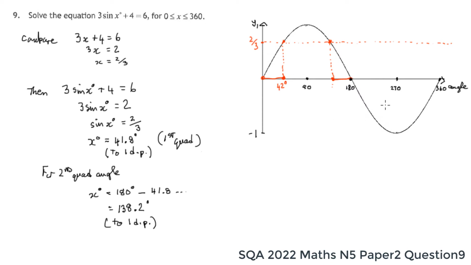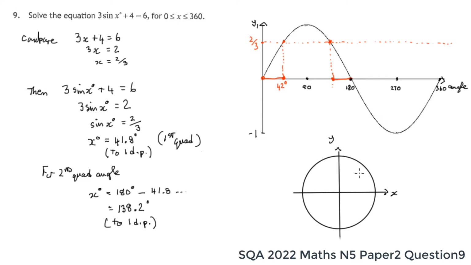So that's one way of finding the two answers that are required as solutions to this trig equation. However, there is another method that you might well have been taught, and that's to do with this quad diagram, where we have first quadrant, second quadrant, third quadrant and fourth quadrant, and there is a connection. You'll probably have been told C, A, S, T and so on, and in here it's 180 minus, and here it's 180 plus, and in here it's 360 minus.